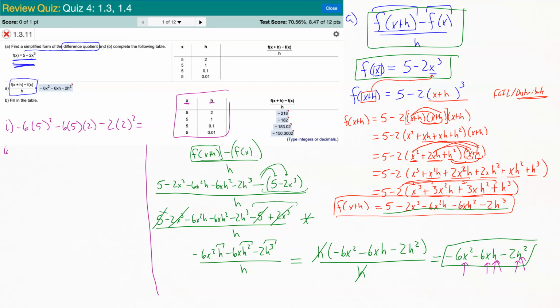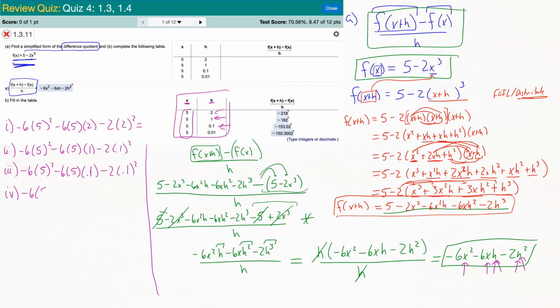And then we'll just keep going through this, and the only thing that changes, you'll notice all of those are 5s right there. So the only thing that's going to change is that position of the 2. So this one will be negative 6. The 5 squared will stay there. This will be 6. The 5 will stay there, but instead of a 2, we're now plugging in 1 for h, so minus 2, and again, plug in the 1, and then you'll just do it negative 6. 5 stays the same, minus 6, 5 stays the same, and then the new h is 0.1, and then minus 2, and then 0.1 squared, and then do it one last time here.